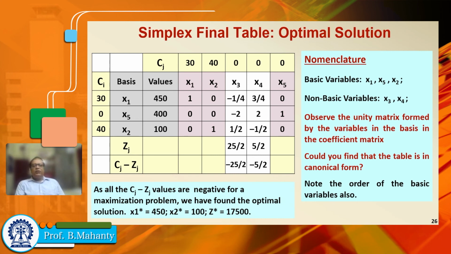Is it all right? So we see that the shadow prices are there for x3 and x4. Shadow price is not there for x5. And we also see that the B inverse matrix is formed by the original slack variables which were in the basis in the first table, and those two things we can compute.